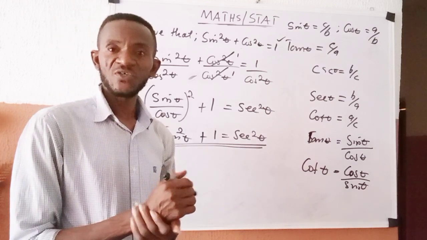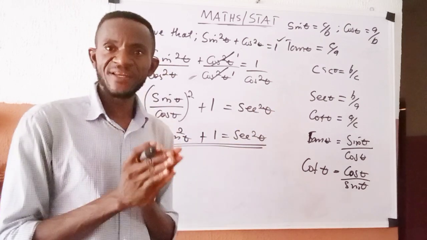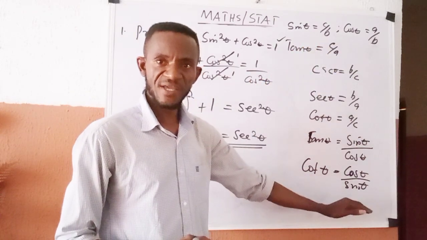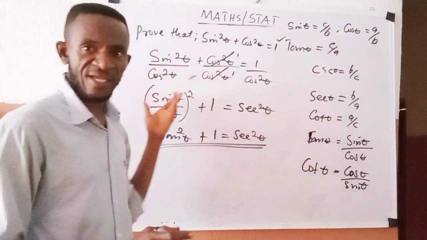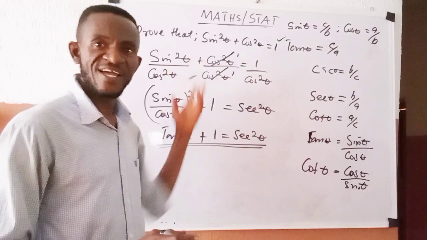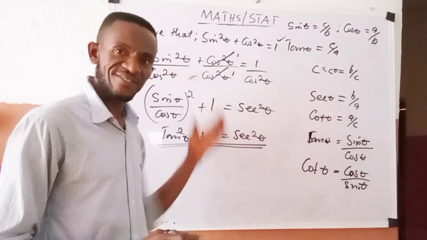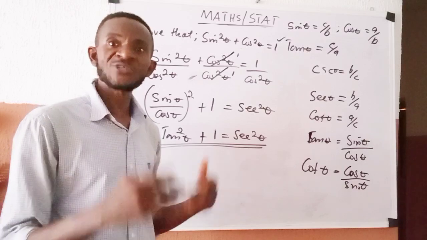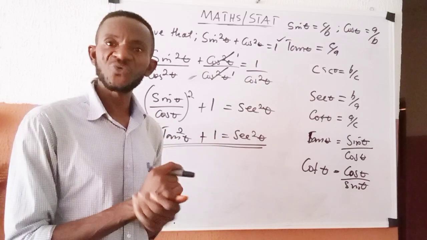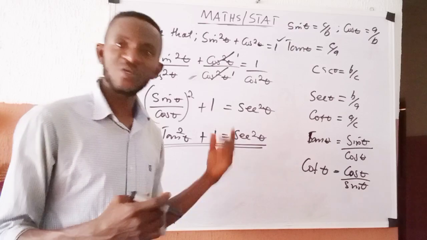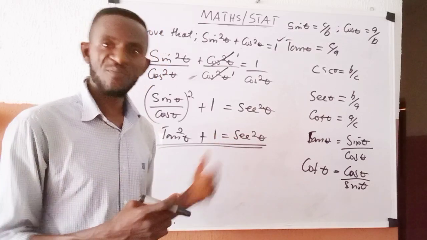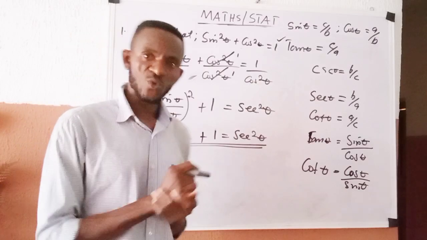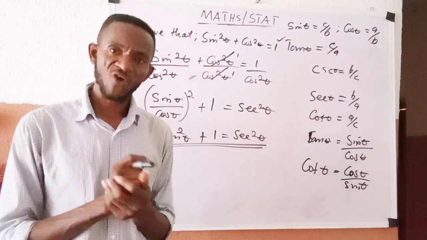You understand? So what I want you to bear in mind is what we have today here on the board. These three Pythagorean identities, bear them in mind, because in our subsequent classes we are going to call them up and use them to solve problems, bearing in mind that you already understand where we are coming from.